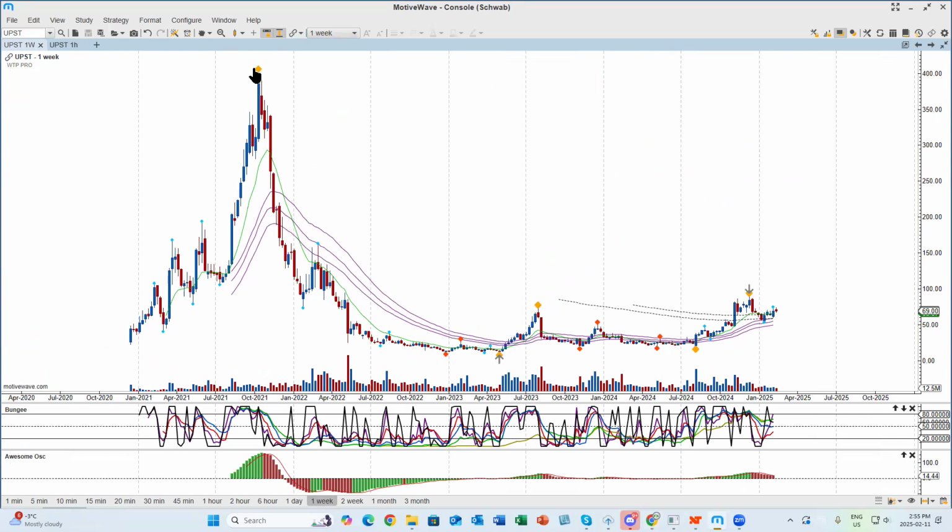So here we have a very strong move down, and then we're consolidating. But look what's happening here. We're just starting to cross above the tunnel. So this could be interesting. I would say that if we do trade above these highs, that would be very positive for the stock. Let's go to the daily.